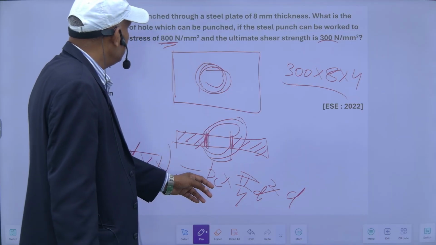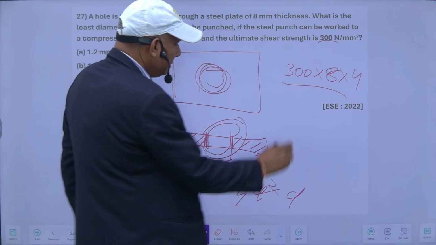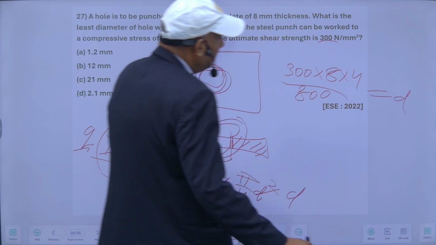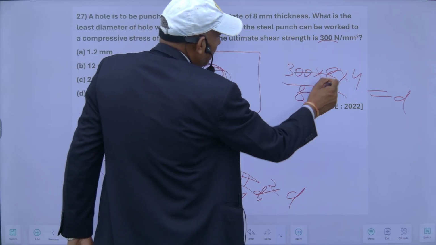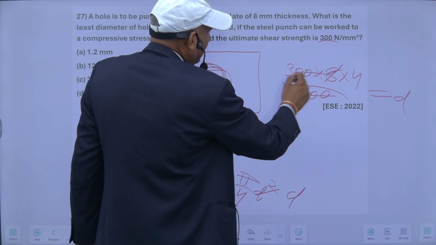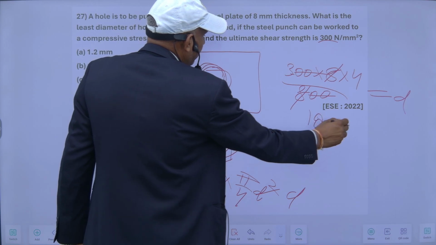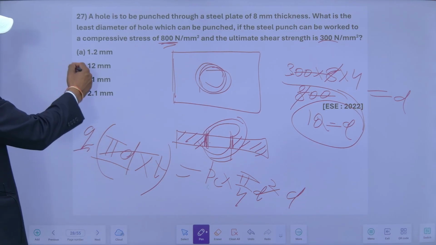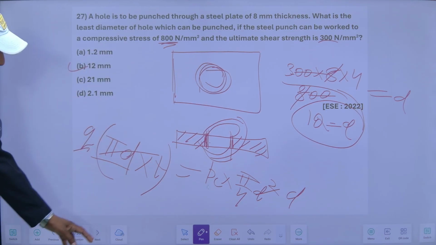PC is compressive stress. This is 800. So this will give the dia. So this will be equal to 3 into 4, 12 mm. So dia will be 12 mm. So this is the correct answer.